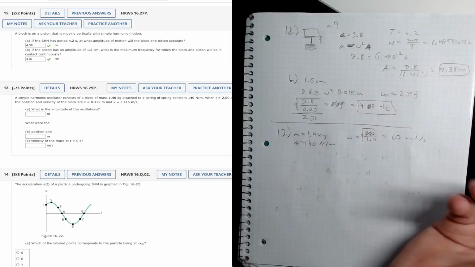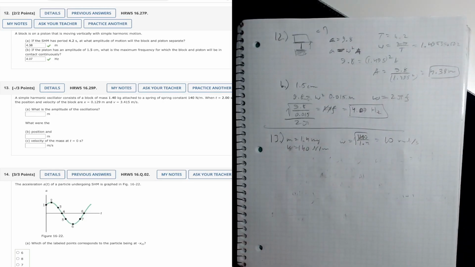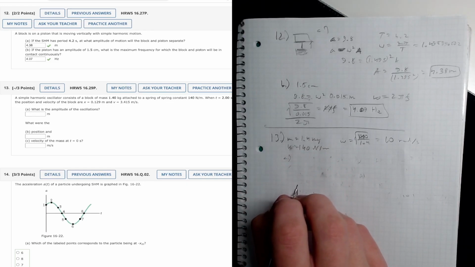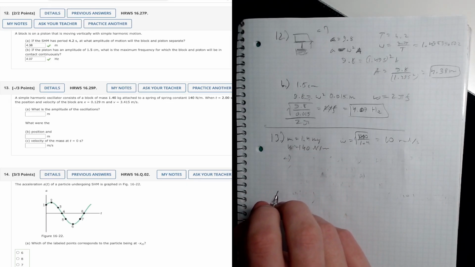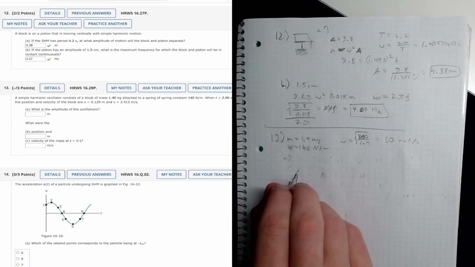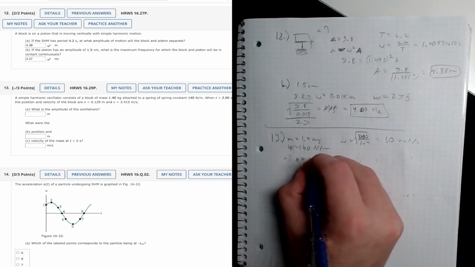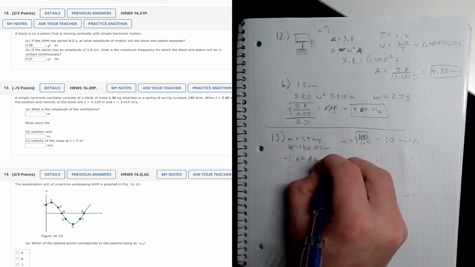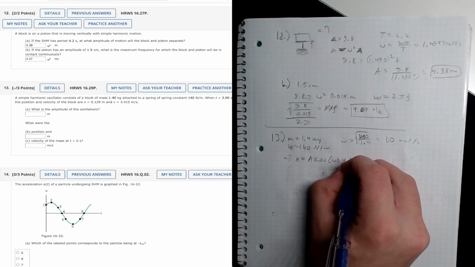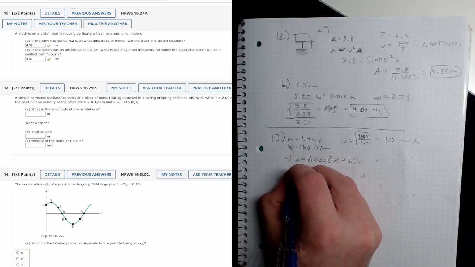I'll do that now, guys, because we'll need it later. Now, part A, as for the amplitude: when t equals 0, the position and velocity are these. In this case, we're going to have the equation for position: amplitude times cosine of angular velocity times t, plus the phase constant, which we don't know yet.